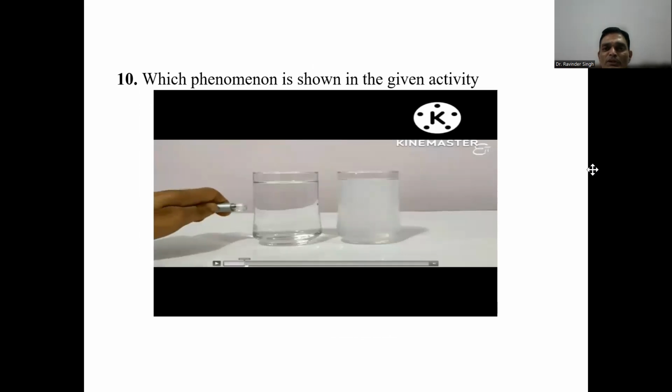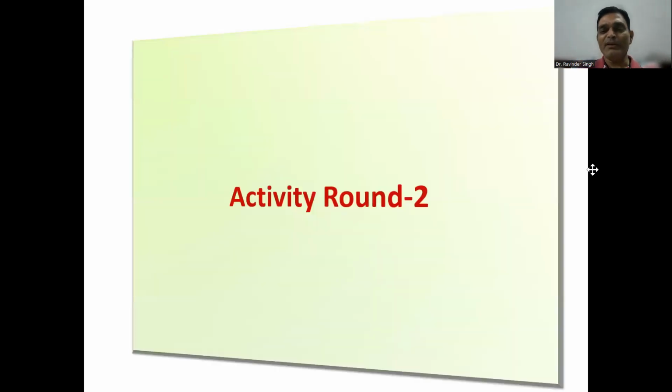Which phenomena is shown in the given activity? The answer is Tyndall effect because the scattering of light takes place. Next, activity round.